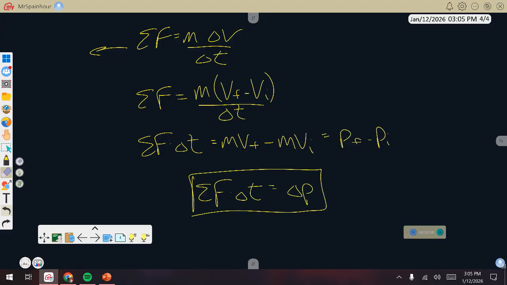This, air quotes, new equation is known as the impulse momentum theorem. And like I said, in all honesty, it's really just Newton's second.